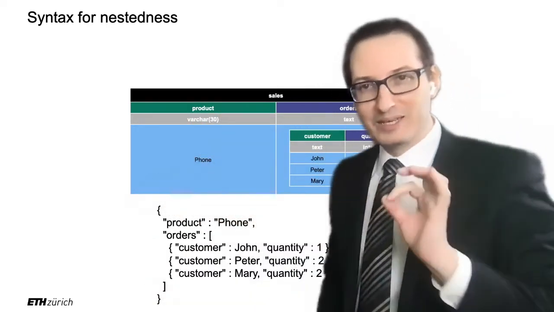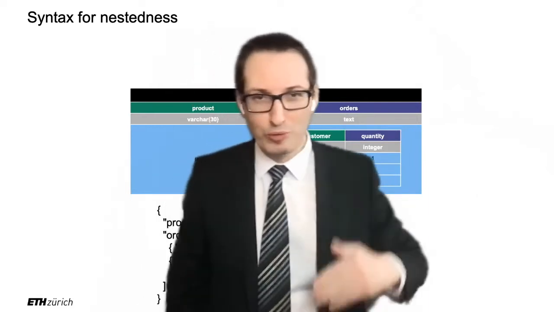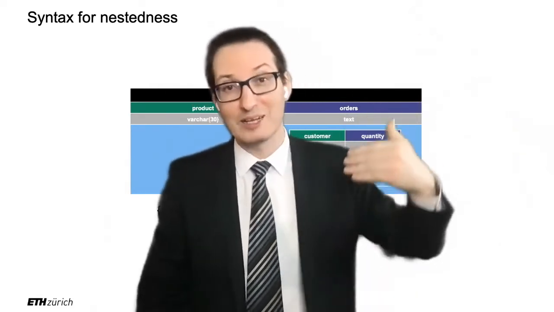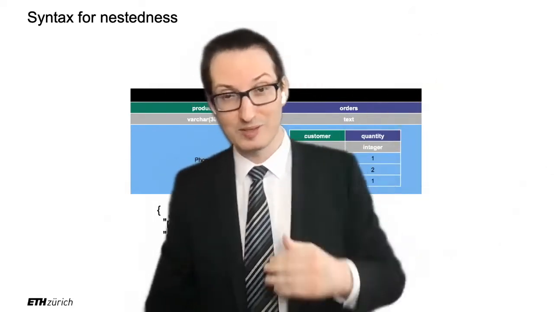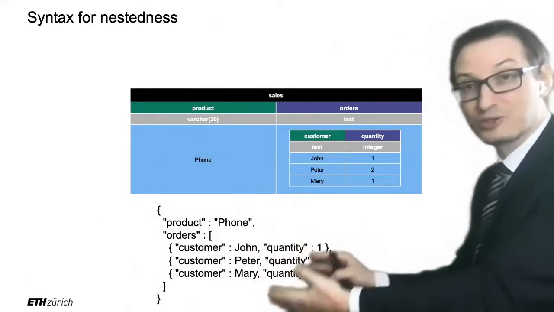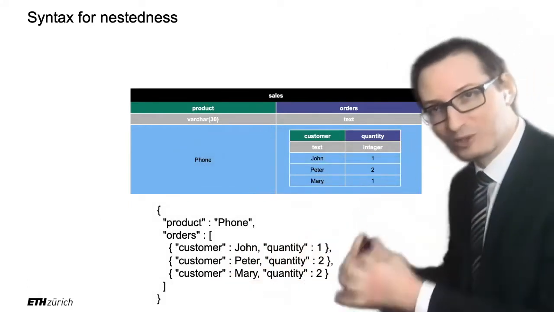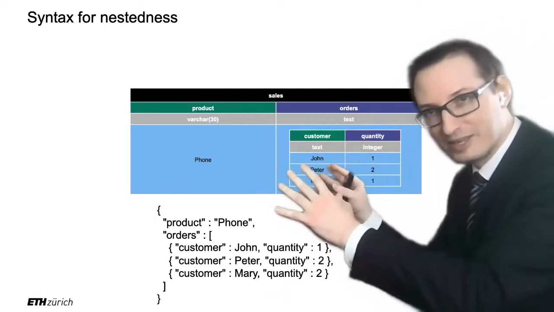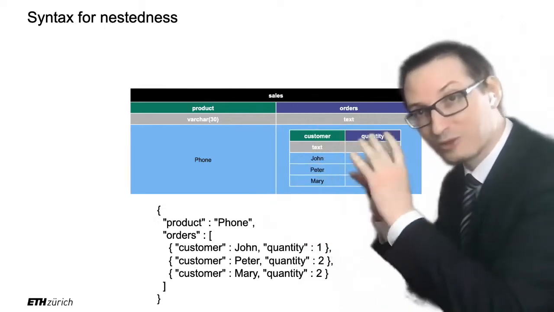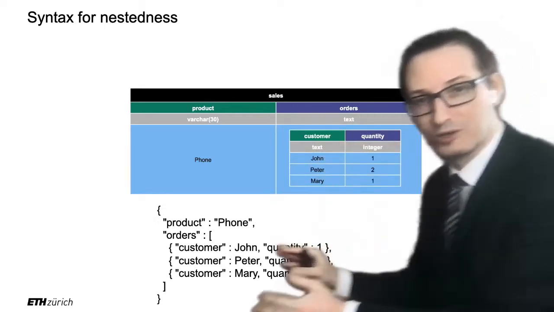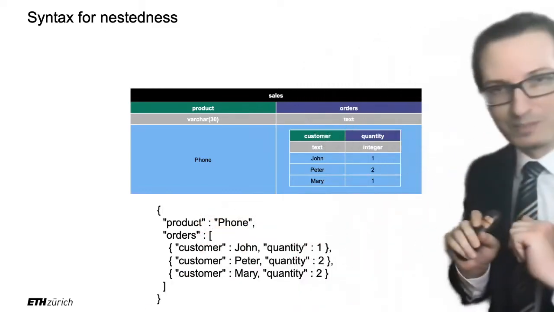It's like the Inception movie, a movie in a movie in a movie. Now I can store tables in tables in tables. And with the JSON syntax, I can actually do that. This is data denormalization. We have denormalized data. Denormalized data cannot be stored in CSV. We need another syntax, and this is JSON.